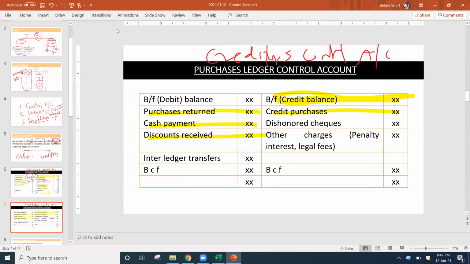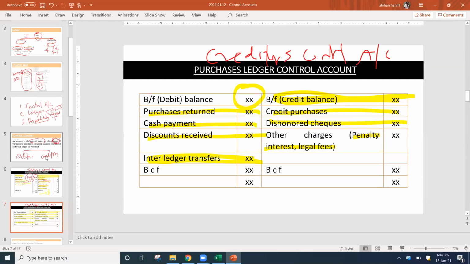And if the check is returned, dishonored check, penalty charges or delay charges, late payment will be credited. Interledger transfer means the set off of debtor against creditor, and sometimes there can be a debit balance as well, like the debtors control account.